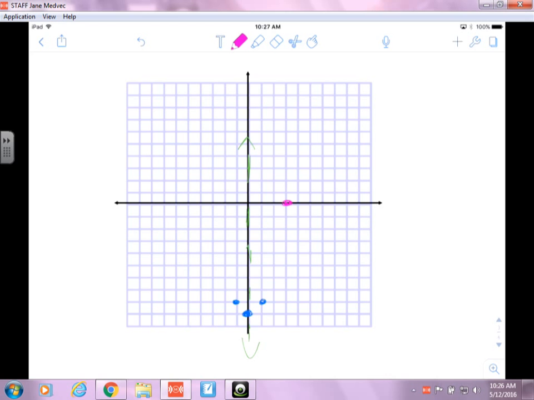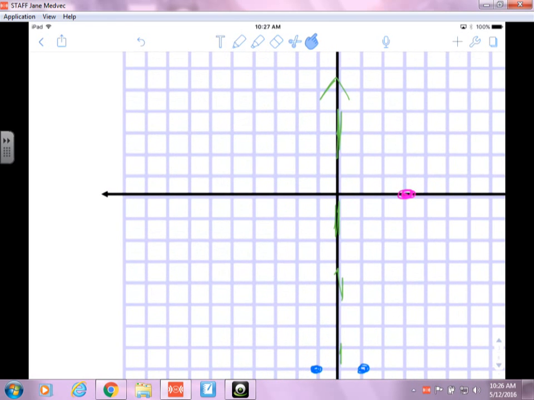Okay, so I'm going to go 3 the other way. I can make it a little bit bigger to make it easier to see. Do you see how this is 3 away? So I'm going to make this 3 away. Do you see that? Okay.